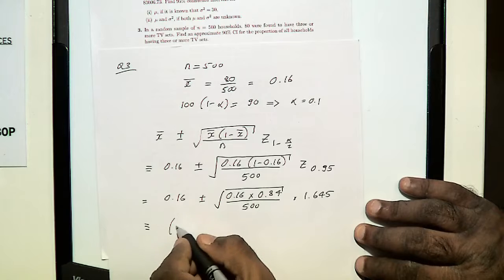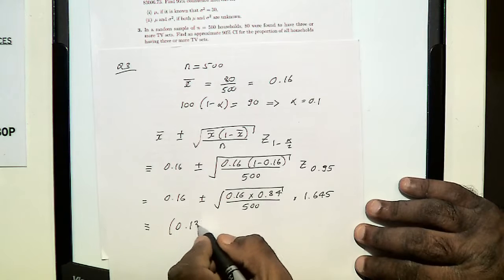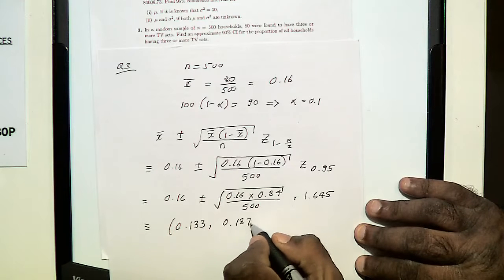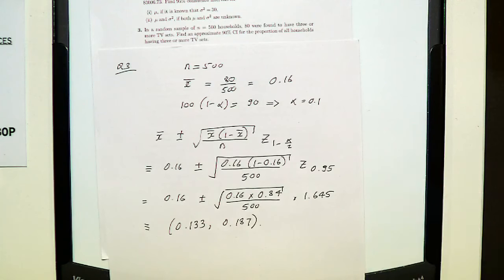Simplifying, you will see the lower limit is this, the upper limit is this. So what this means is that with 90% confidence, the proportion of people who have 3 or more televisions is between 0.133 and 0.187. Okay.